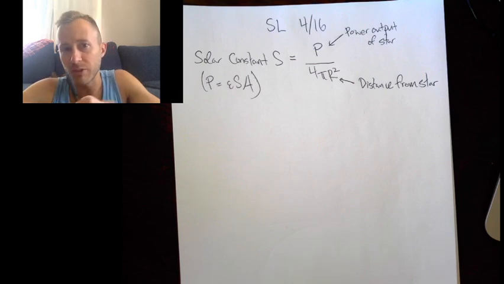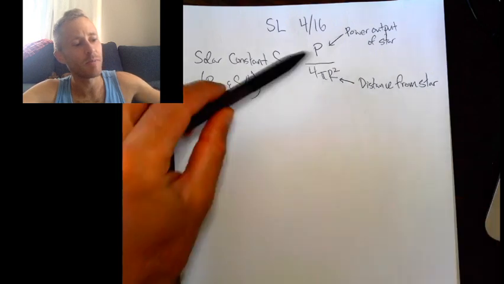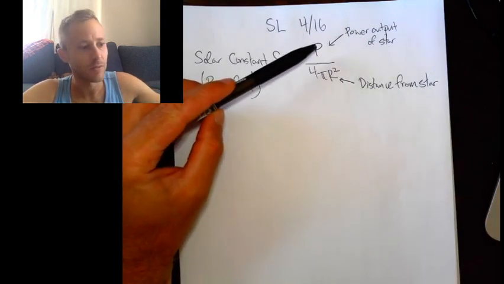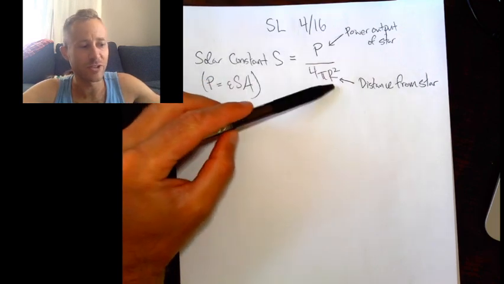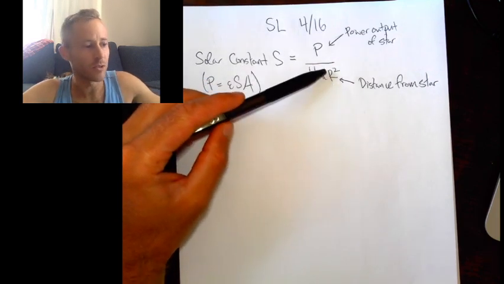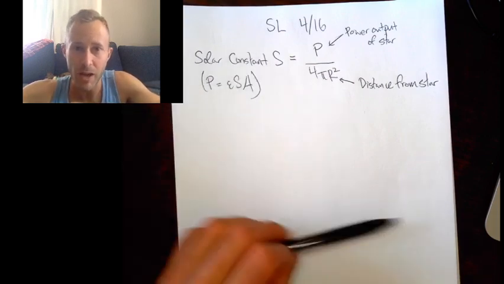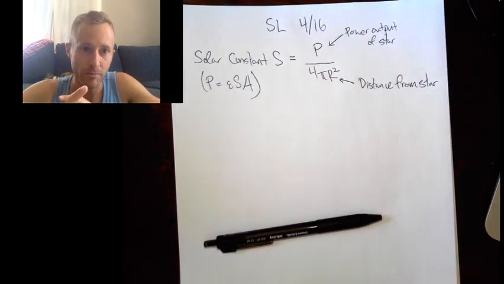So what's interesting about that is that based on the power output of the star, there's a certain range of distances where the solar constant has an acceptable value for there to be liquid water on the planet.